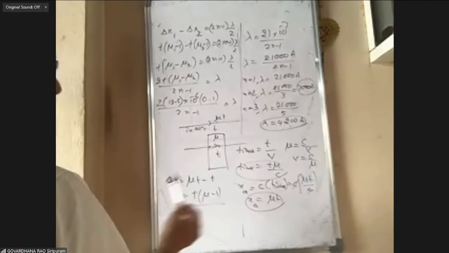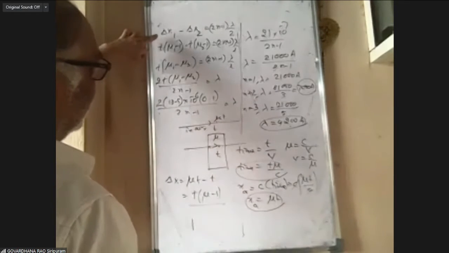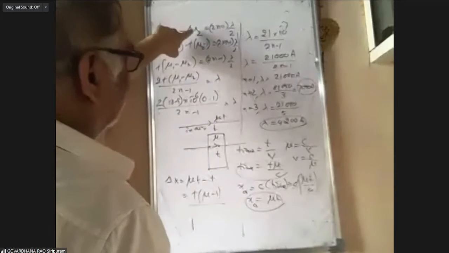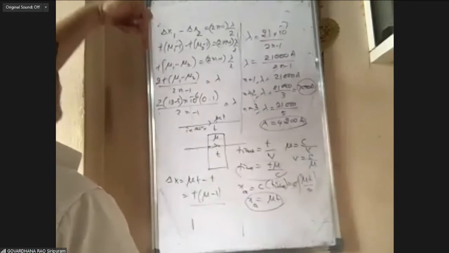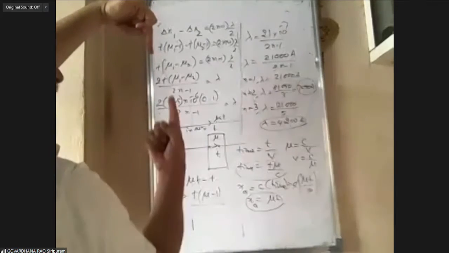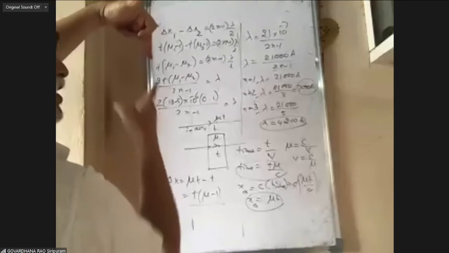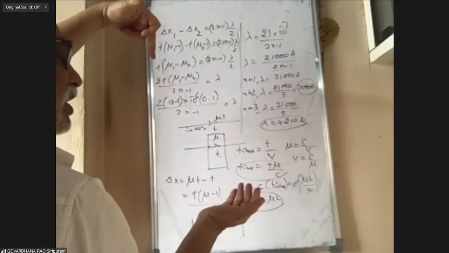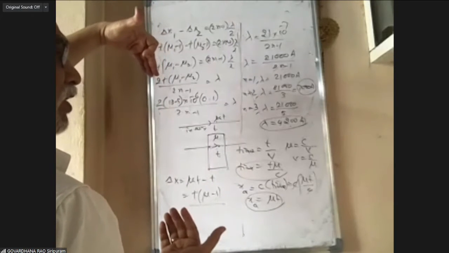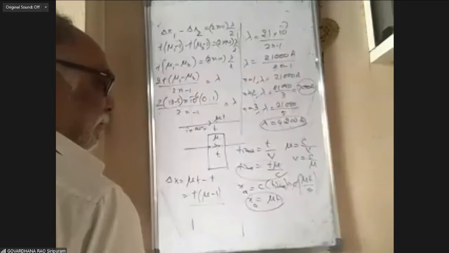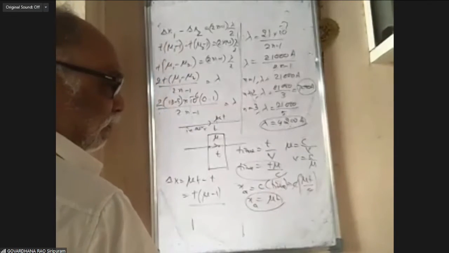This is the path difference introduced by the mica sheet. The second mica sheet introduces it in the opposite sense, because one mica sheet is in front of S1 and another in front of S2. So the S1 mica sheet will bring all the fringes up, and the S2 mica sheet will bring all the fringes down. So the difference should be equal to minima at the point O.